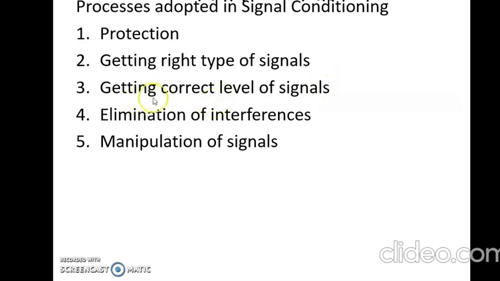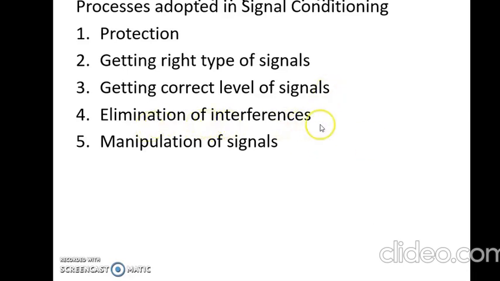Then the third one, getting the correct level of signals. Sometimes the output electrical signal of a transducer may be very low, so it is required to amplify this signal. For this amplification, operational amplifiers or op-amps are widely used.